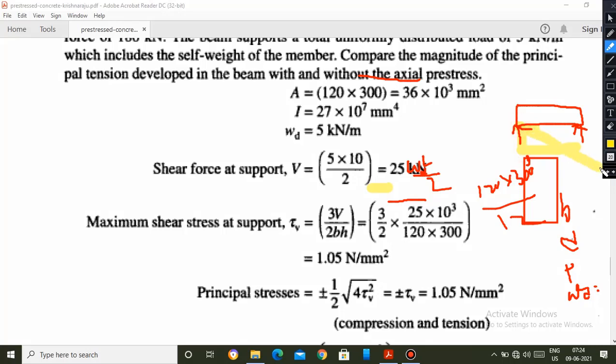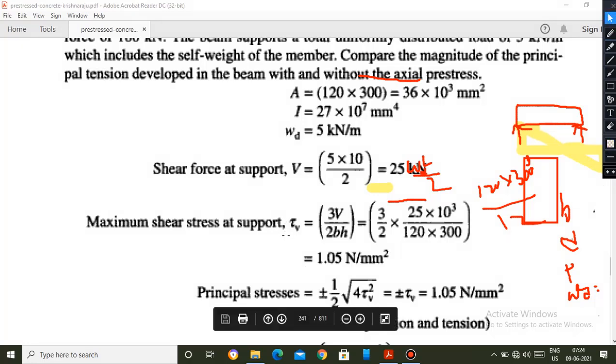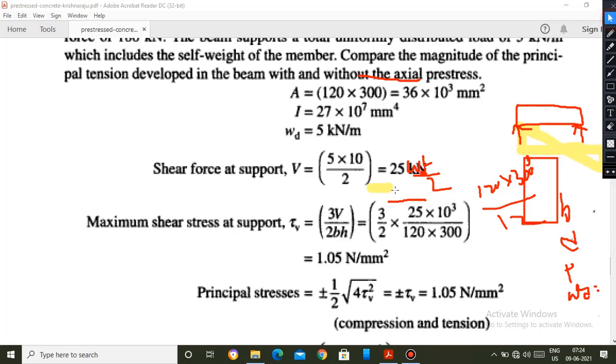At the support, we calculate the maximum shear stress as 3V divided by 2B into H, where V is the shear force, which we have already calculated as 25 kilonewton. 1 kilonewton equals 10 to the power of 3 newtons.